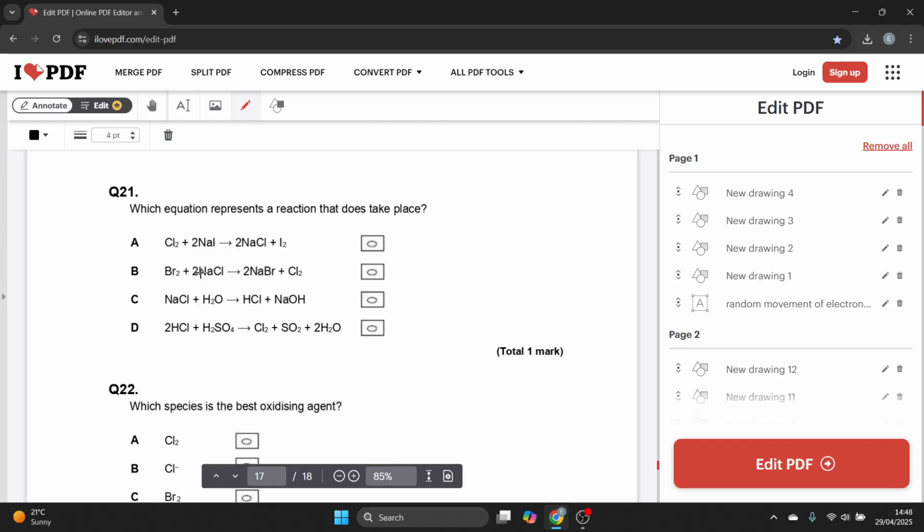Well, bromine is further down the group than chlorine. Chlorine is higher up the group than bromine. I think I'm just confusing myself at this point. No, yeah. Chlorine cannot displace bromine.